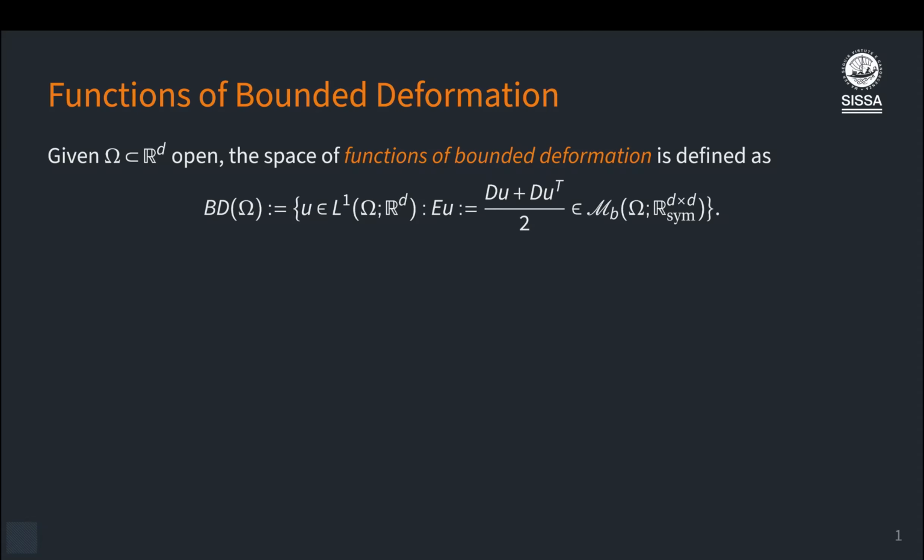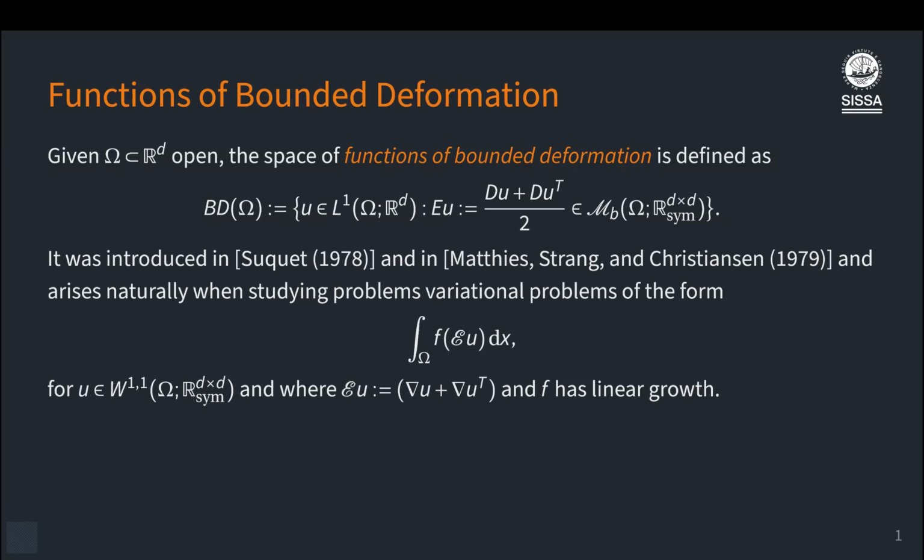They were introduced at the end of the 70s by Suquet and independently by Matthies, Strang, and Christiansen for certain problems related with elastoplasticity, so with, let's say, materials. And it arises naturally when one looks at energies of this form. So we have F, which is a function that has linear growth at infinity, and here we have calligraphic E of U, which is the symmetric part of the gradient, for instance, for a W^{1,1} function.